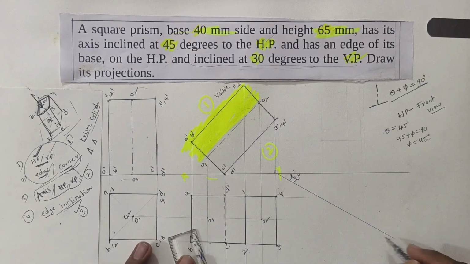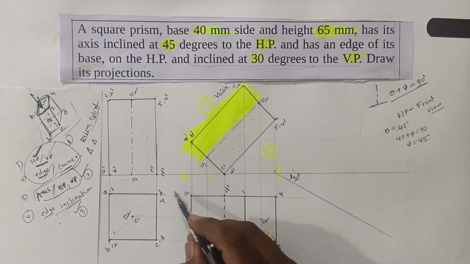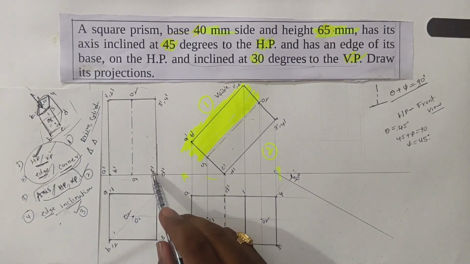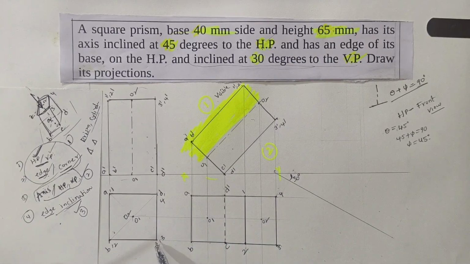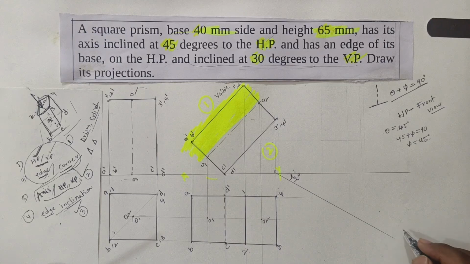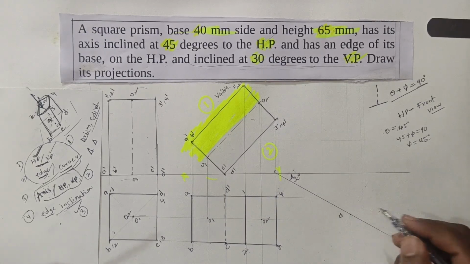On this line, let us mark the edge. What is the edge I kept on the right side? This is the edge CD. The CD should be on this line. So let us say this is C, this is D.